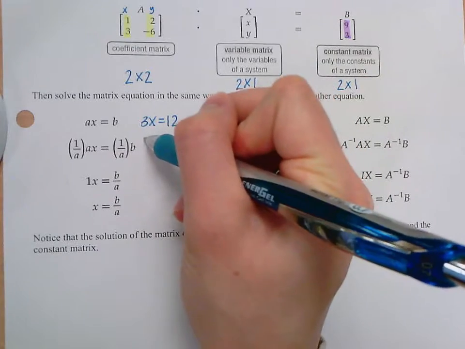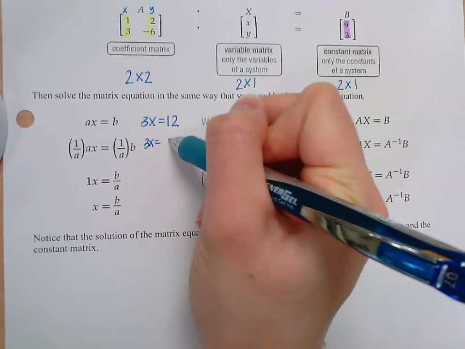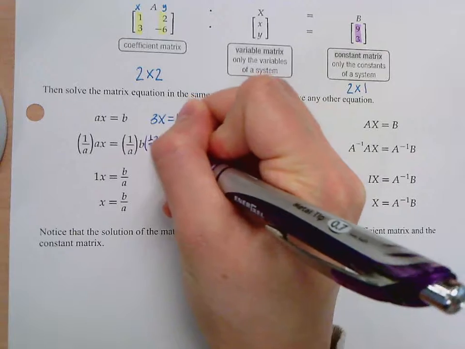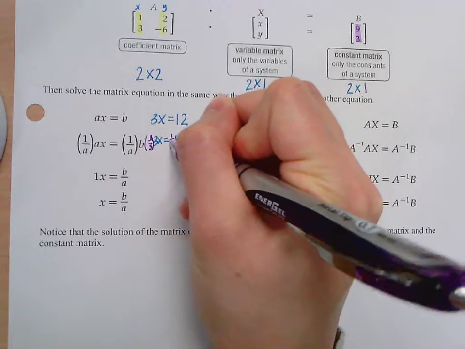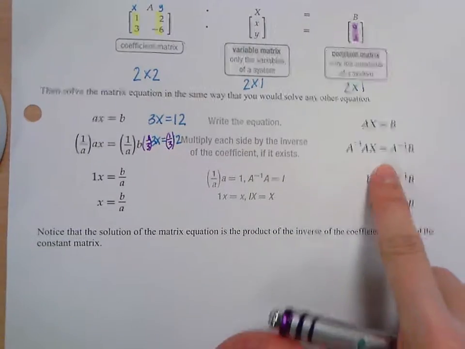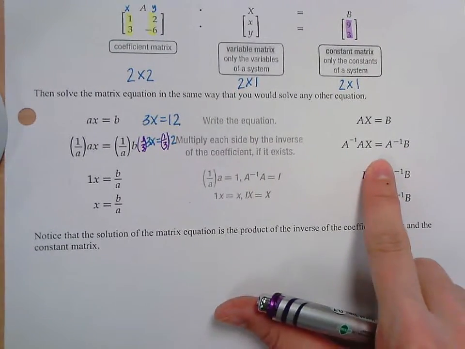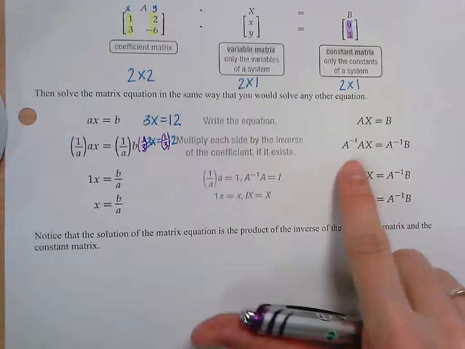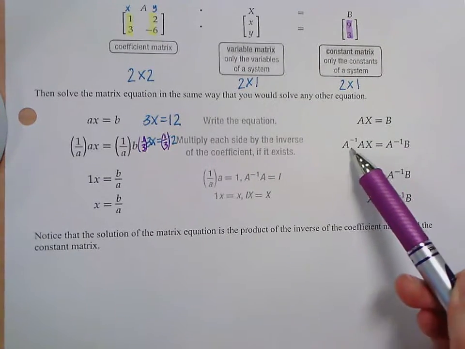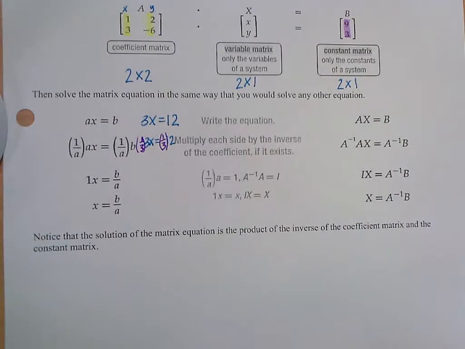So this step would be if I still have my 3x equals 12, but I multiply each side by 1/3. So I multiply each side by the inverse. And then that translates to matrix equations, because I can actually find the inverse of matrix A, and I can multiply both sides by the inverse.